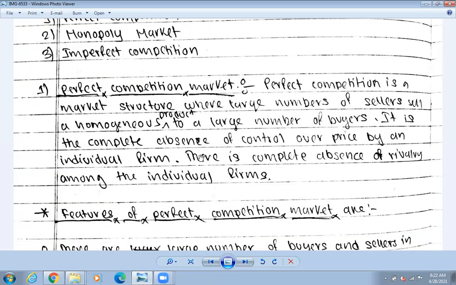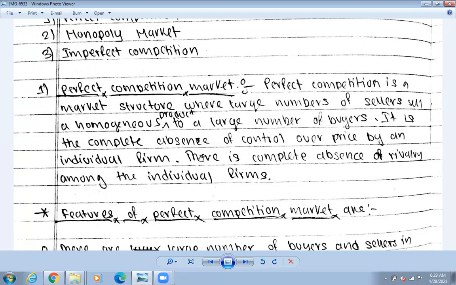There are many buyers, no doubt, but there are also many sellers. Where the people who sell are also many, that is called the perfect competition market. What is a perfect competition market? Where there are many buyers, and also many people who sell. So that is called the perfect competition market.